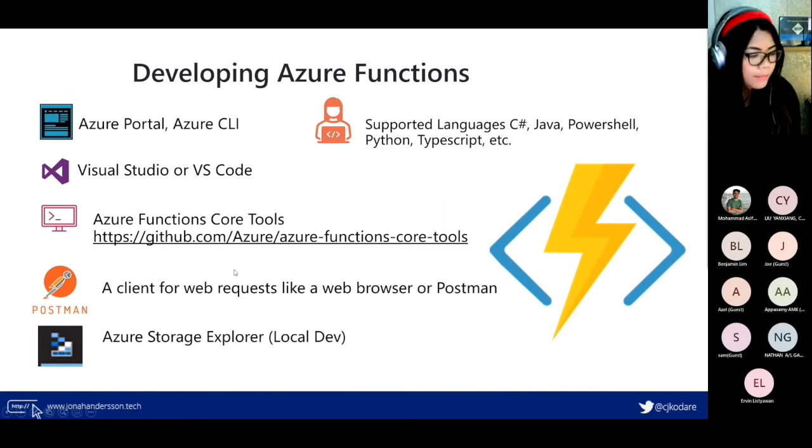I have it myself. I'll show you in the demo later. And then supported languages: you don't have to be an expert in any of the languages. As long as you can do C# or some JavaScript, you can get started coding serverless with Azure Functions.